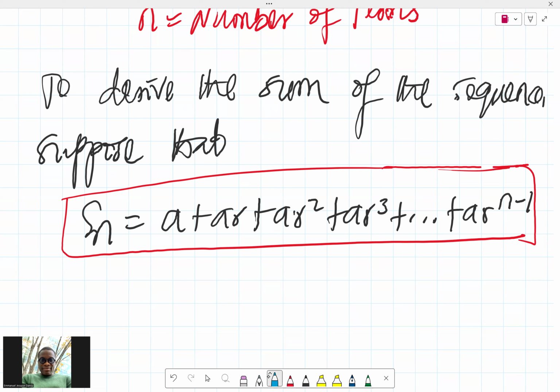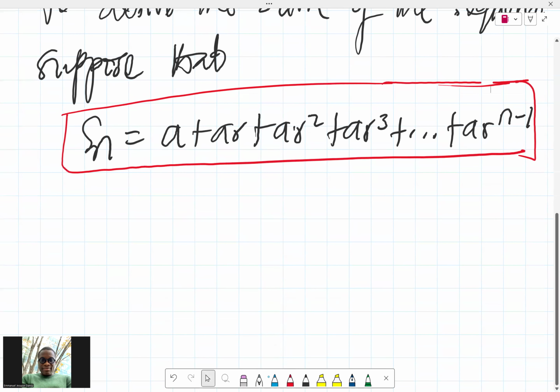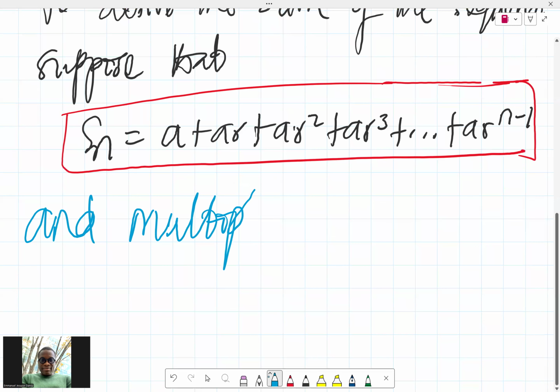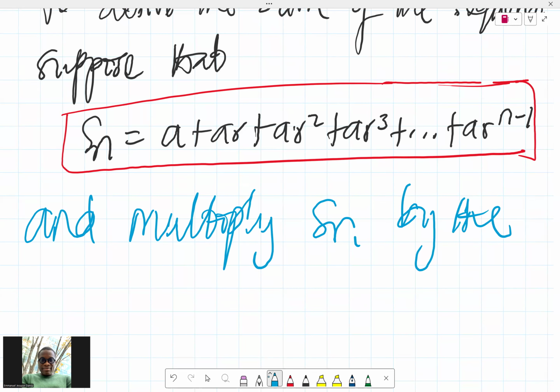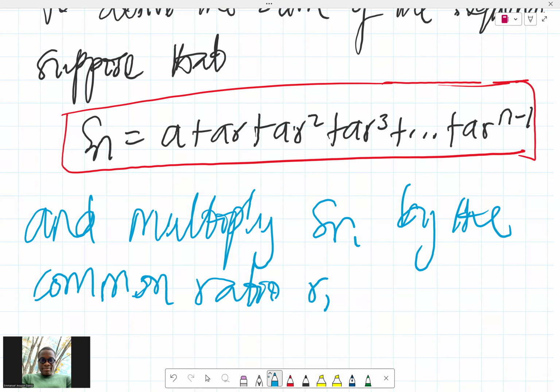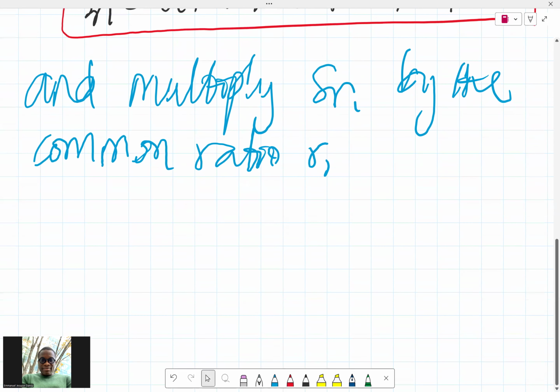If we multiply that sum by the common ratio, which is R, we now get R multiplied by Sn.